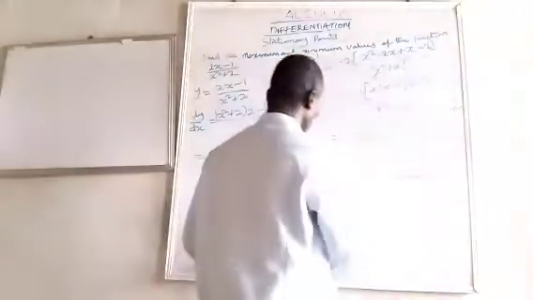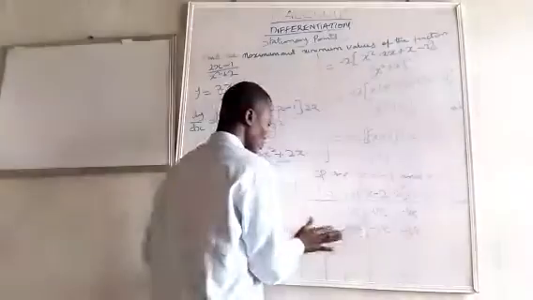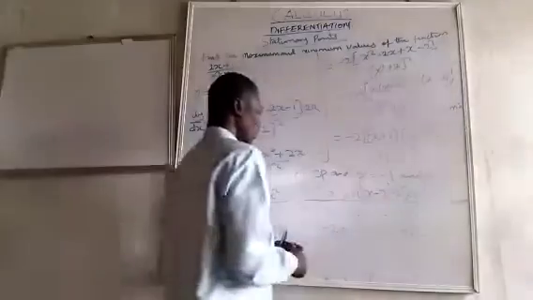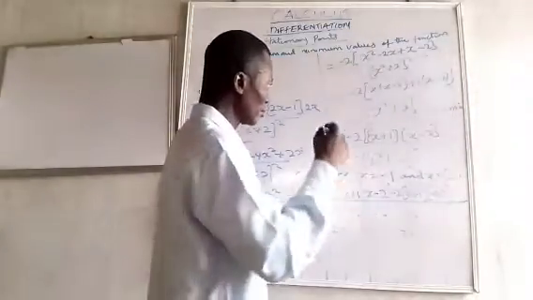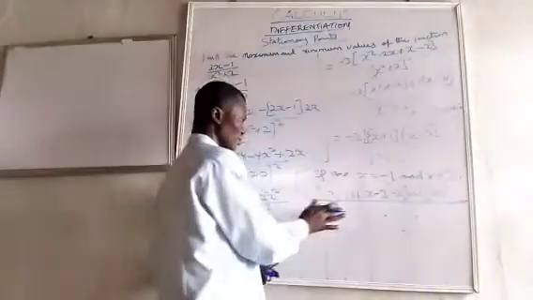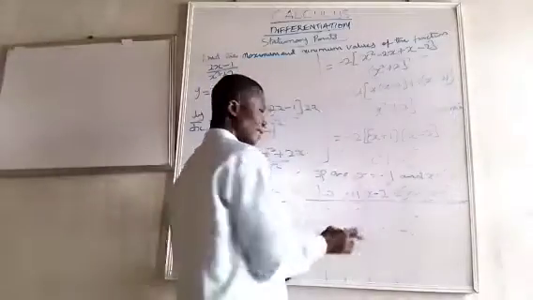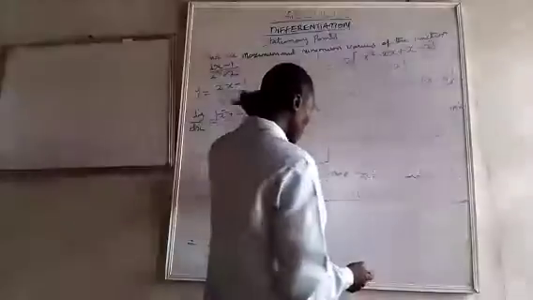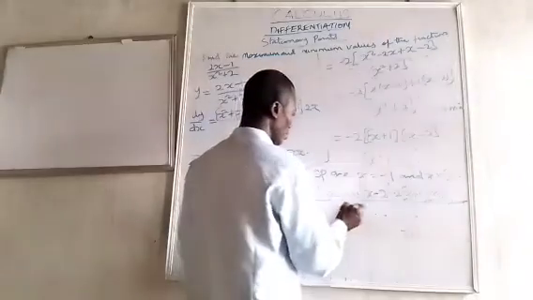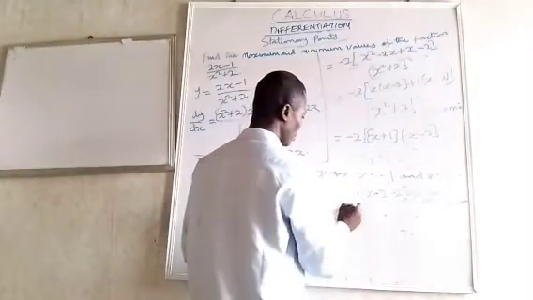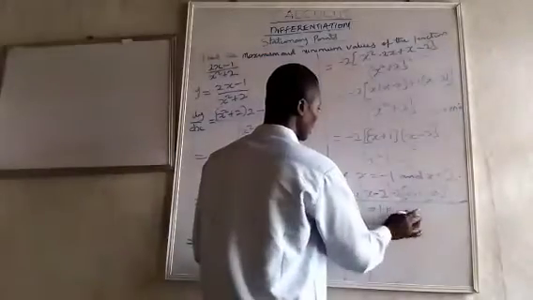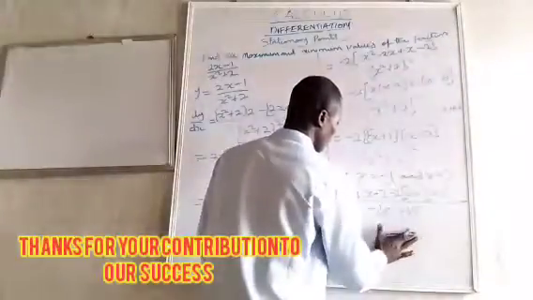Let's test for 2. When x is less than 2, if it's less than 2, we're not up to minus 1. Let's say like 1.5, this place will be positive and this place will be negative. So this place will be positive.